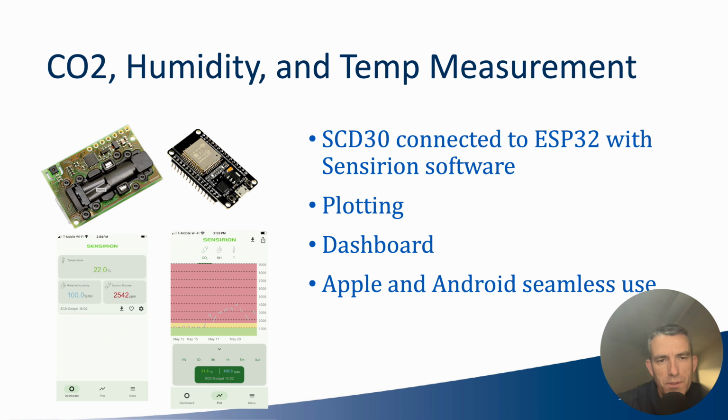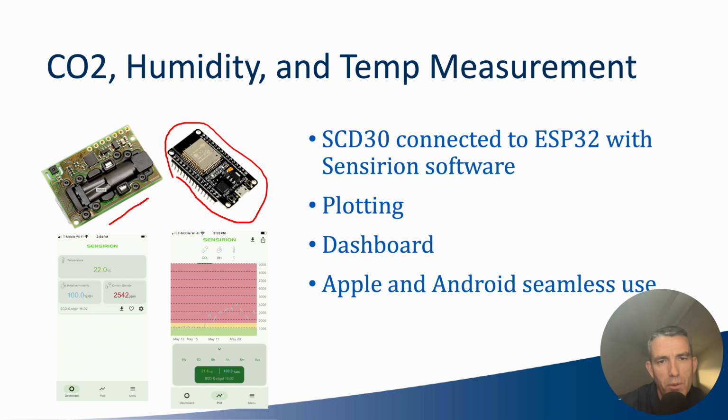The sensor used to measure CO2 is a SCD30 is its device name, and I think you can see my pointer here, but that's what it looks like right there. And then we couple that with an ESP32, and there's firmware or software that Sensirion makes available.